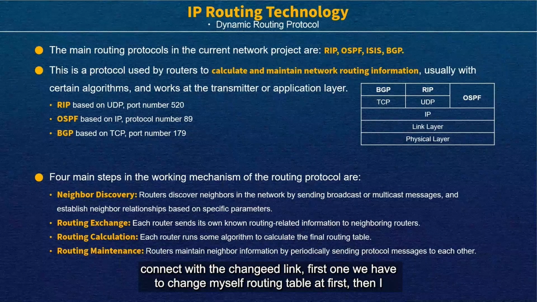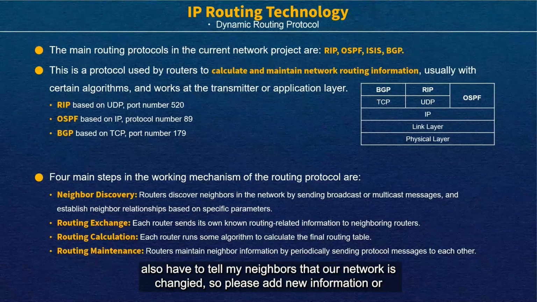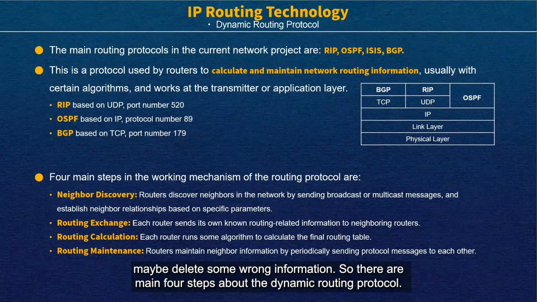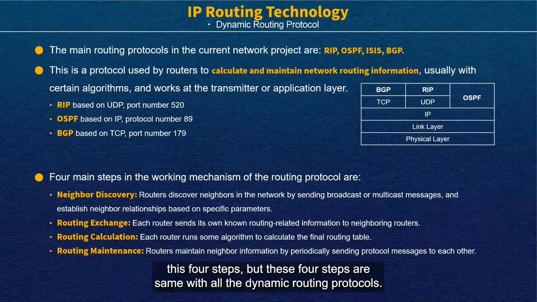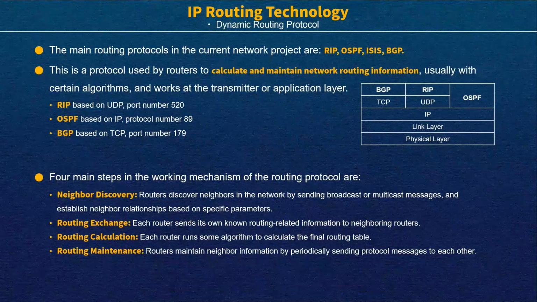Then I also have to tell my neighbor that our network has changed, so please add new information or delete some wrong information. So there are 4 main steps in the dynamic routing protocol. But different protocols may have different packet types and different mechanisms to finish these 4 steps. But the whole 4 steps are the same for all dynamic routing protocols.